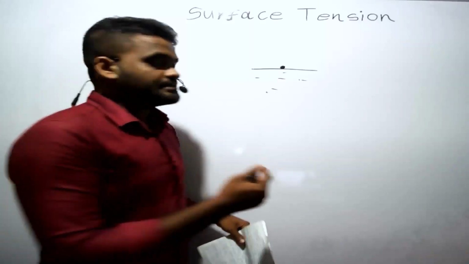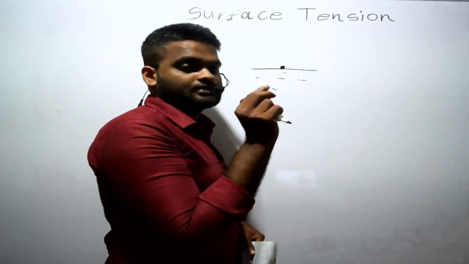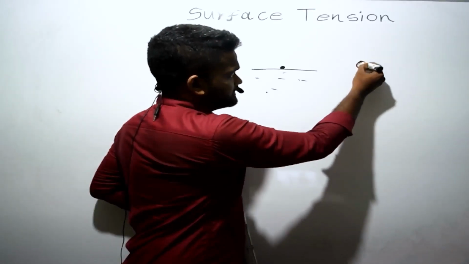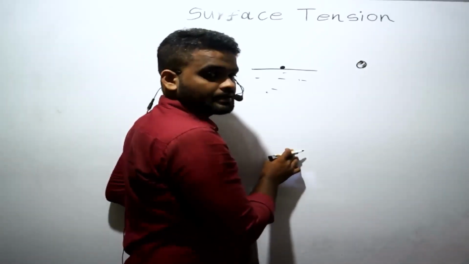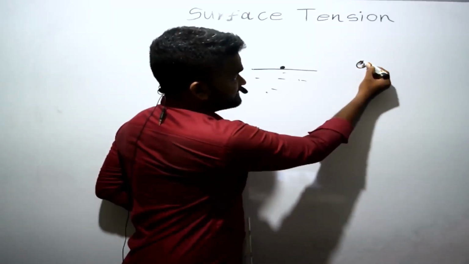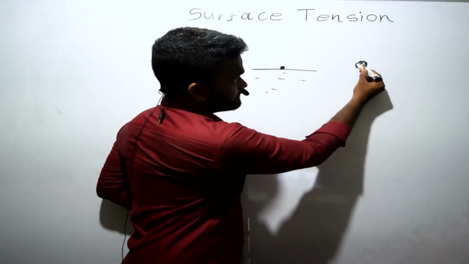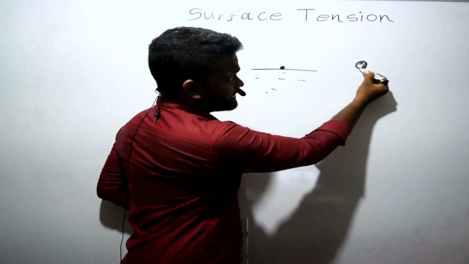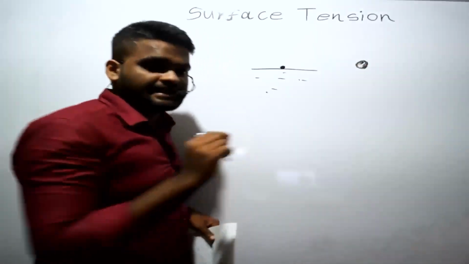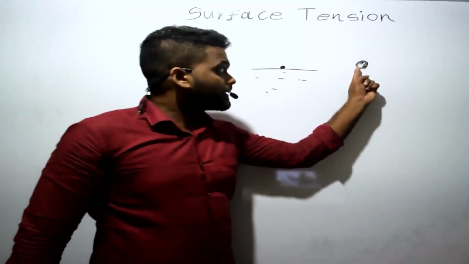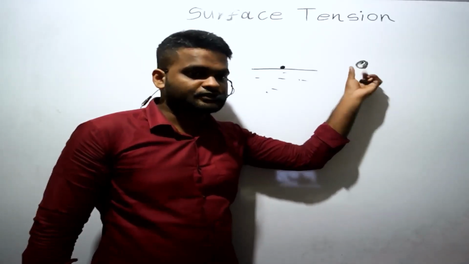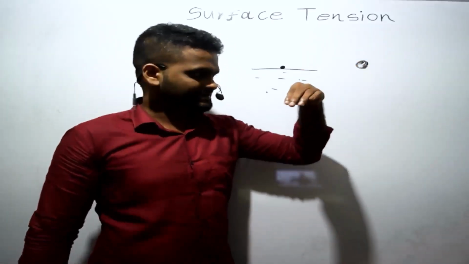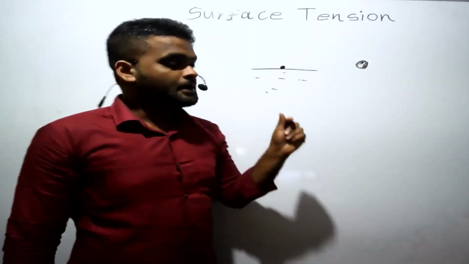There are other reasons. If you think about a water drop, it takes the shape of a sphere. The reason is this is the water free surface. This free surface acts as a skin, right? So this is like a sac. Inside it is a liquid, and the skin is also made of liquid.